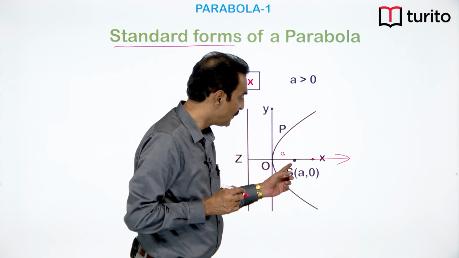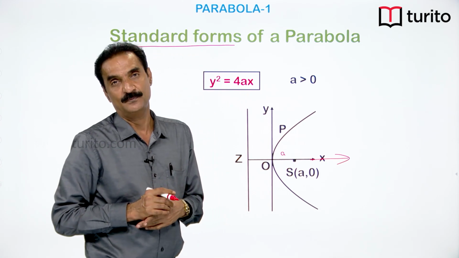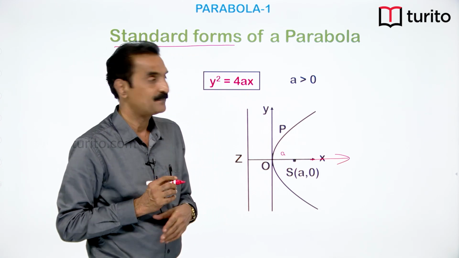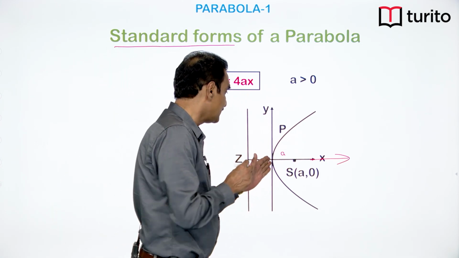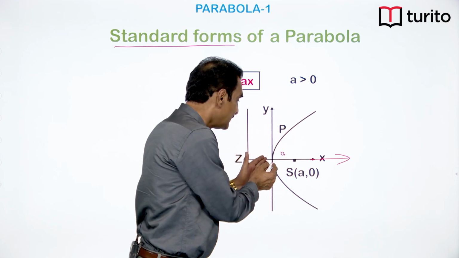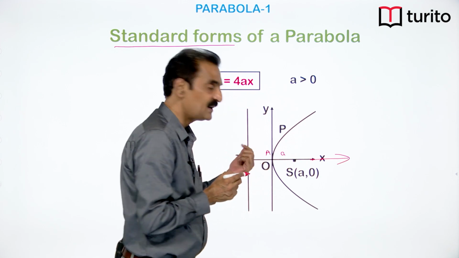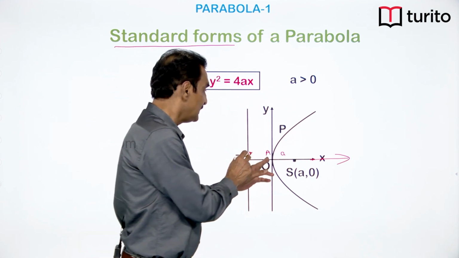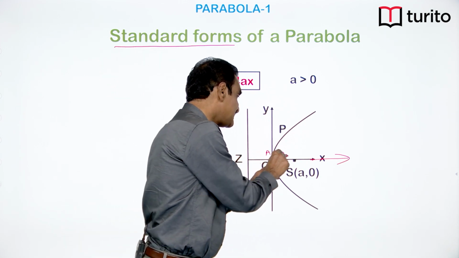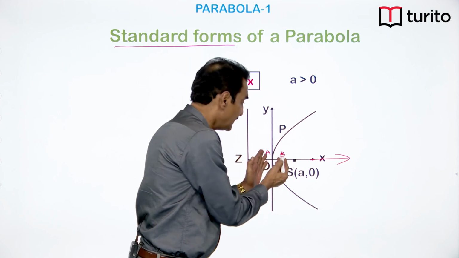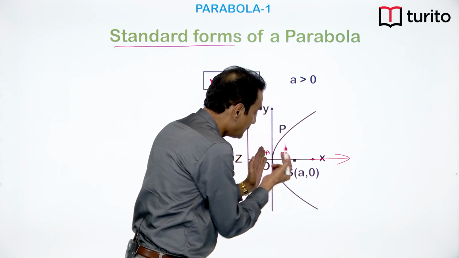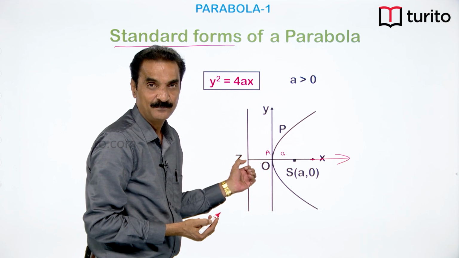So, coordinates of the focus will be a comma 0 on the positive x axis. Now, what will be the directrix? This is vertex, usually it is denoted by A, but here in this case it is origin. A is equidistant from the focus and directrix. So, distance of A from S is small a.